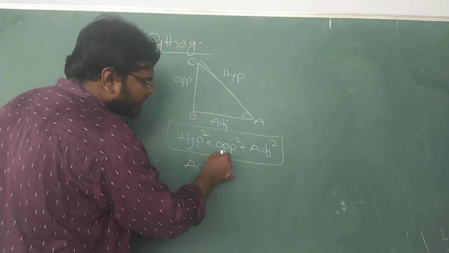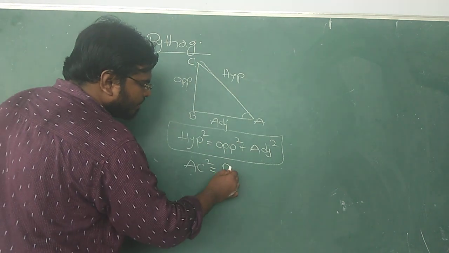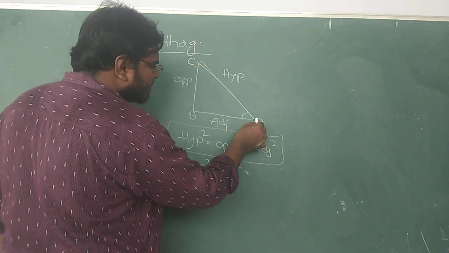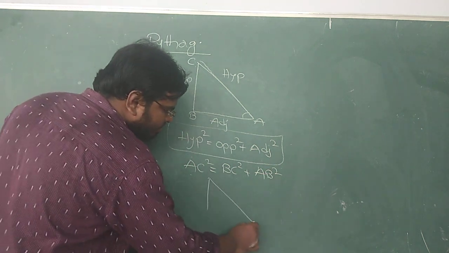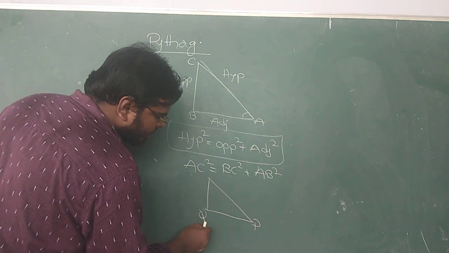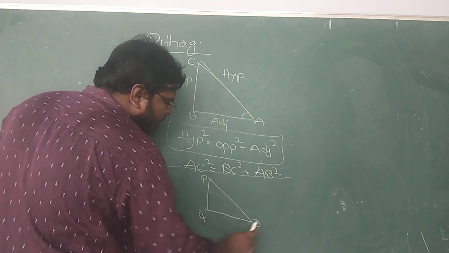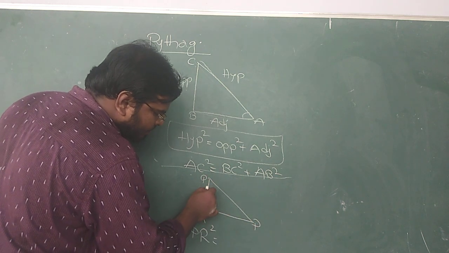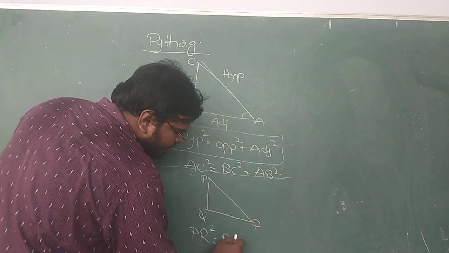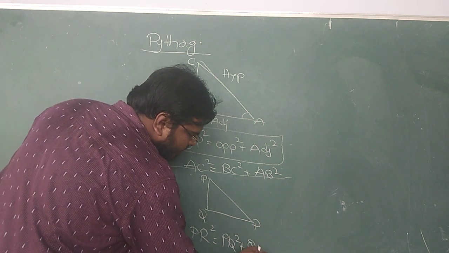That means AC square is equal to opposite, meaning BC square, plus adjacent, meaning AB square. If I give you like this one P, this one Q, this one R, now according to this, PR square is equal to PQ square plus QR square.